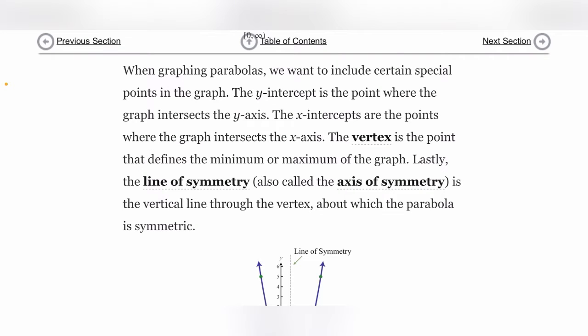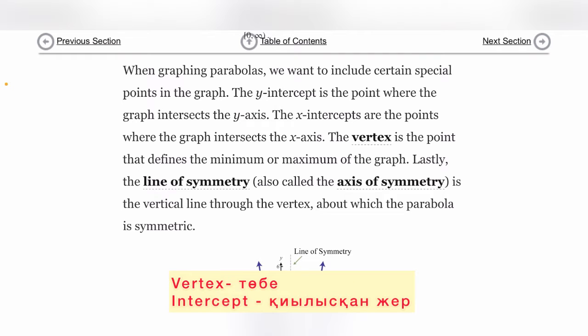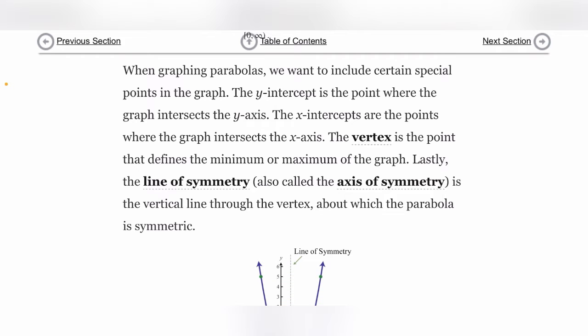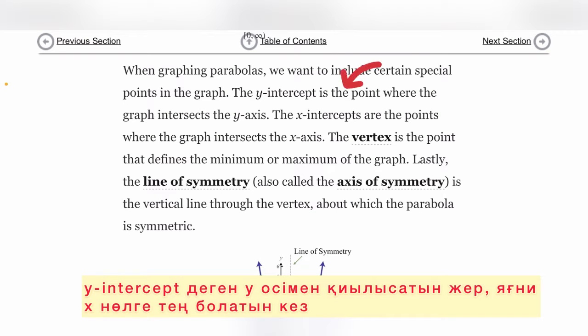We also solve problems with finding vertex and intercepts. When graphing parabolas, we want to include certain special points in the graph. The y-intercept is the point where the graph intersects the y-axis.